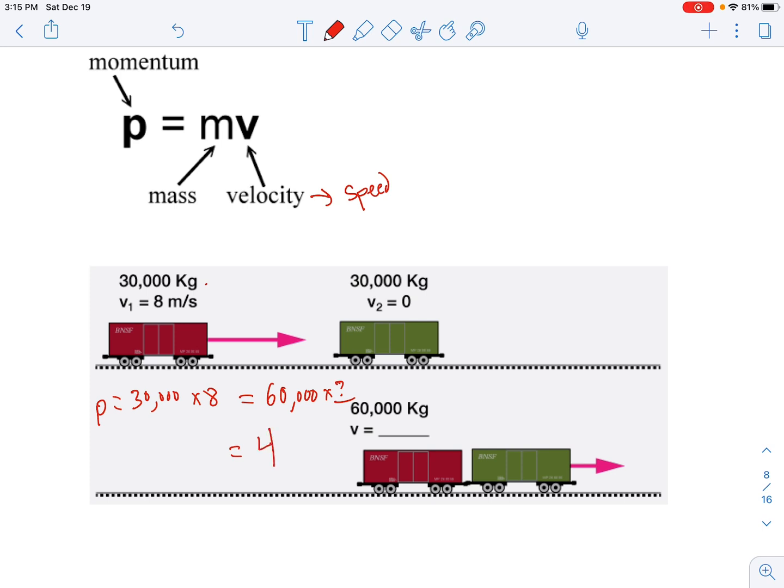So this car down here is moving at 4 meters per second. So we started at moving at 8, but now our mass is bigger. So we are moving at a smaller speed because it takes more to get that larger mass going.